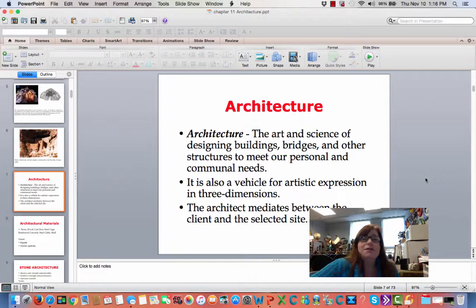And also what's interesting about the architect versus, say, a sculptor or a painter is that the architect has to be able to mediate between the client who is commissioning the building and what the needs of the client are, and also what the needs of the site are all around it, and work with a variety of different people as a negotiator.